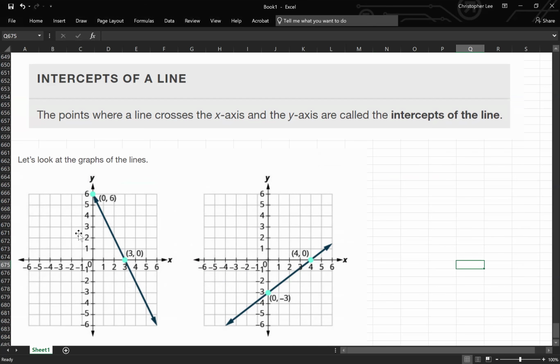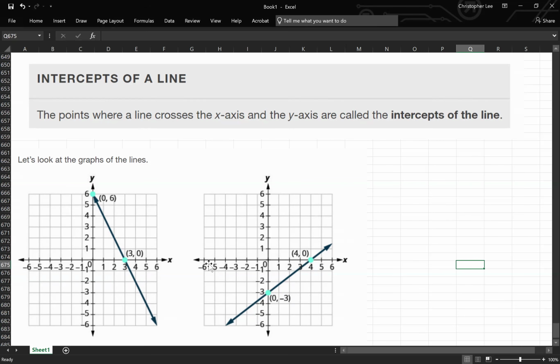You see this point right here in the first graph? This is (3, 0). That's called your x-intercept. So an x-intercept is where the graph will cross the x-axis when y equals 0.